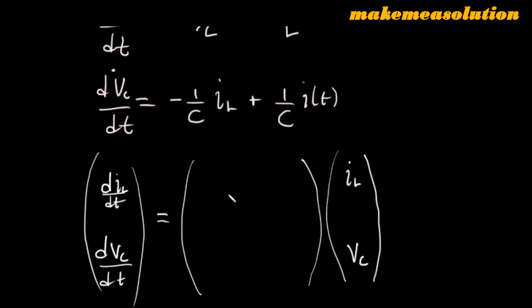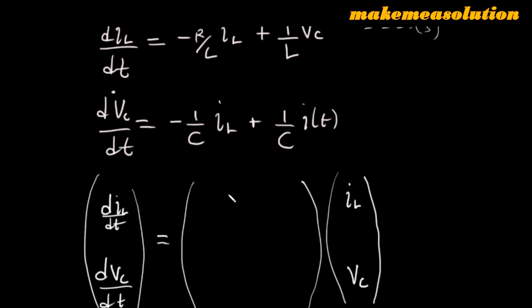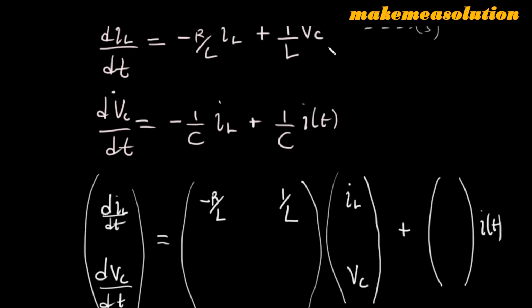From this first equation, the coefficient of IL is minus R over L, and the coefficient of VC is 1 over L. If there is an input term, it should be I of t. In the first equation there is no coefficient of I of t, so you can call it 0.